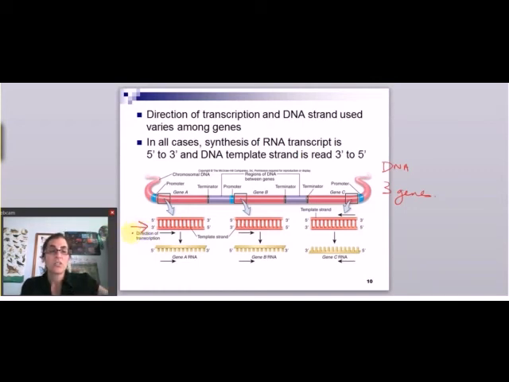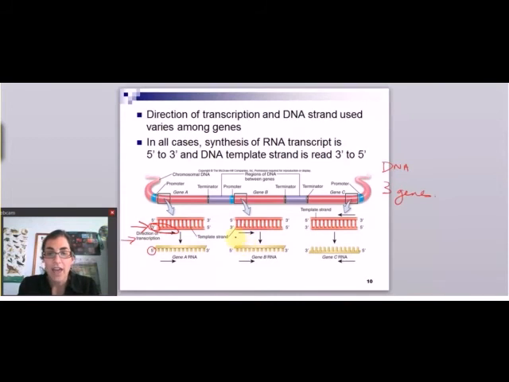Sigma factor is going to be moving along, and if it's moving in that direction, it's going to find a promoter. If it finds a promoter moving this direction, then it will have to read the bottom strand, because again, remember, it has to make the RNA 5' to 3'. So if the RNA is running from 5' here, it must be anti-parallel to the DNA, so it's reading the bottom strand.